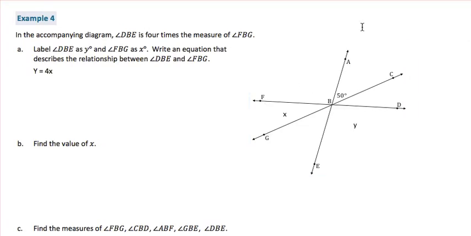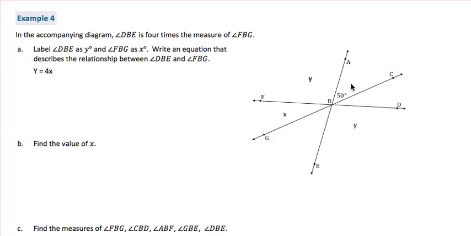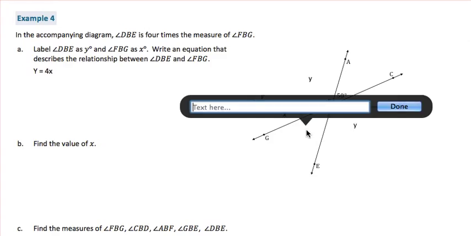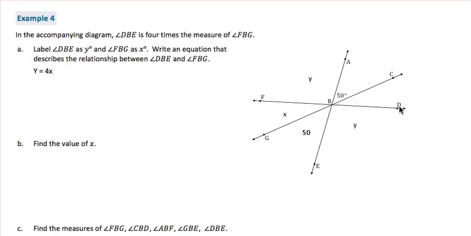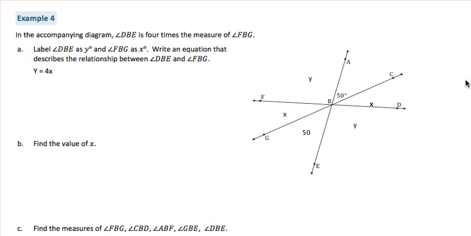So angle FBA also has a measurement of Y. And angle GBE is vertical to angle ABC. So it has a measurement of 50. And that leaves us with one more angle that is vertical to angle X, and so we'll label it as well.